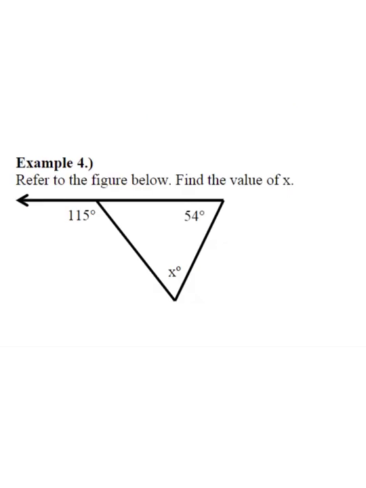Alright, same situation. We don't have the two remote angles. We have one angle and we have the exterior angle. So again, you can take the exterior angle and add them, and that will equal 115.